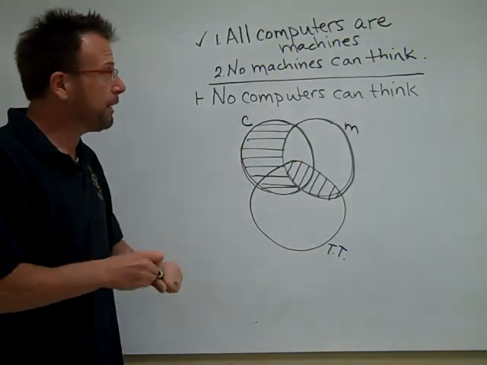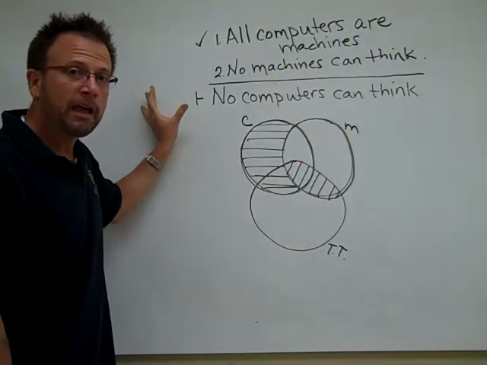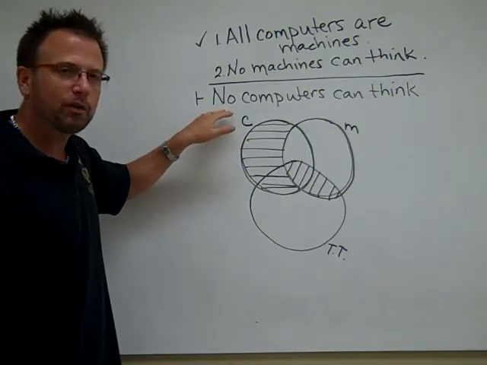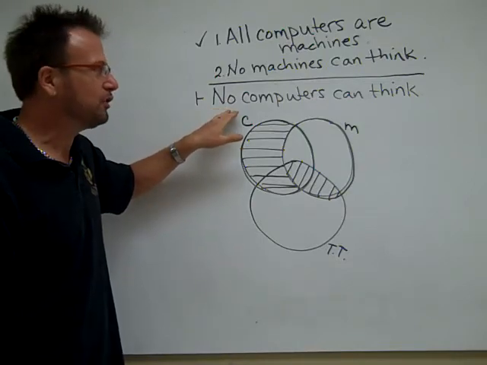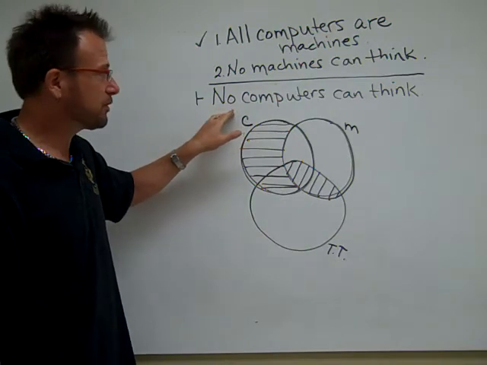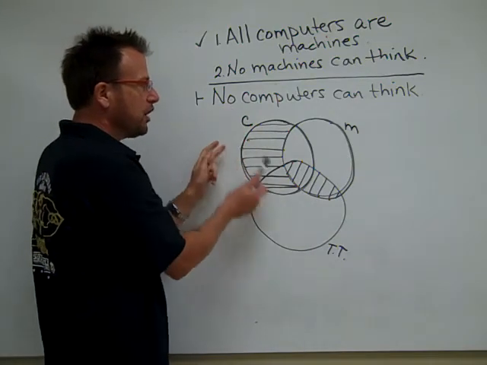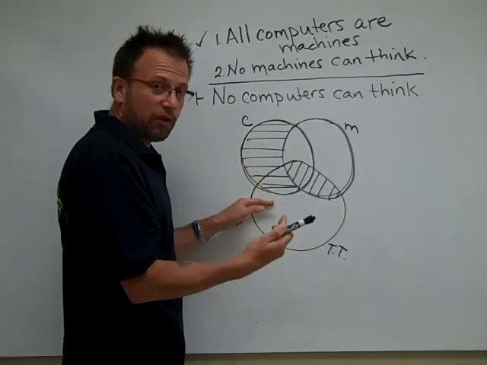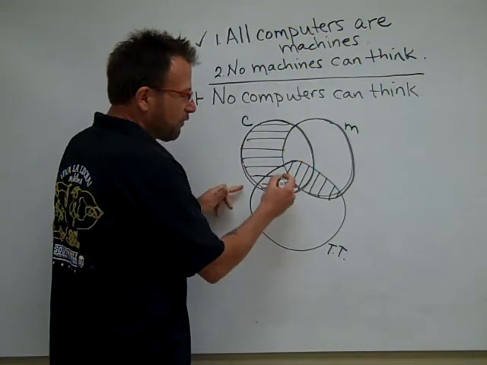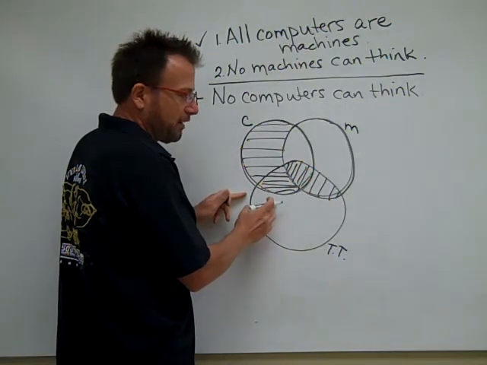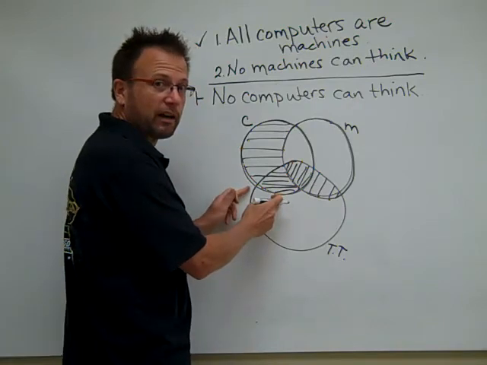Now, at this point I've made both of my premises true, and the question that I ask myself is, am I absolutely logically compelled to accept that conclusion, or could that conclusion be false? Well, the conclusion is no computers are things that can think. In making the premises true, I was forced to say that there is nothing at all in this overlapping area. There's nothing in that central area.